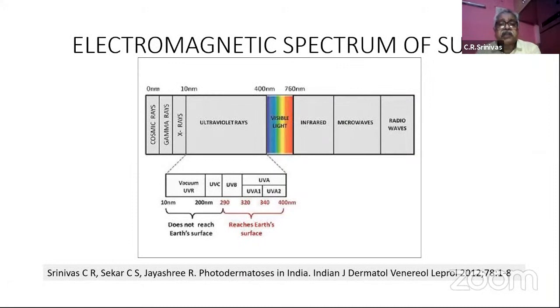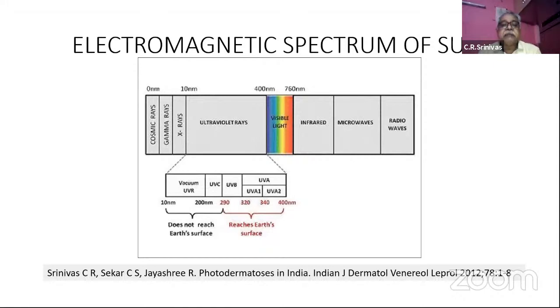Any talk on phototherapy will have this electromagnetic spectrum. Of interest to us are ultraviolet B and ultraviolet A. When the light comes through, the ultraviolet C is cut off by the ozone layer.